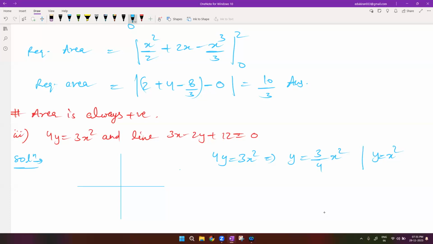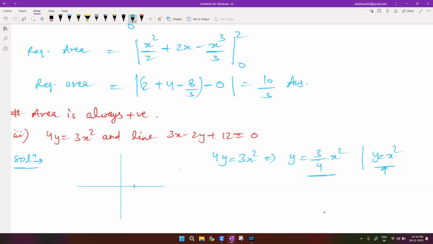How? If you put x is equal to 1 in this, you get y as 1. Correct? If you put x is equal to 1 here, you get y as 3 by 4. Not 1, 3 by 4. So the value of y in this case is lesser than in this case.